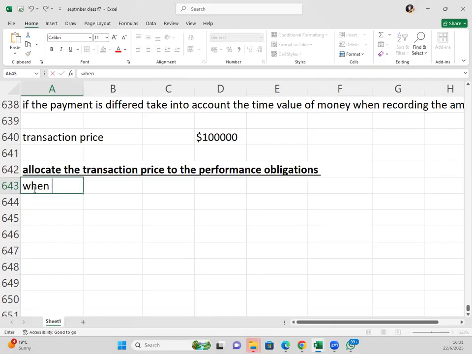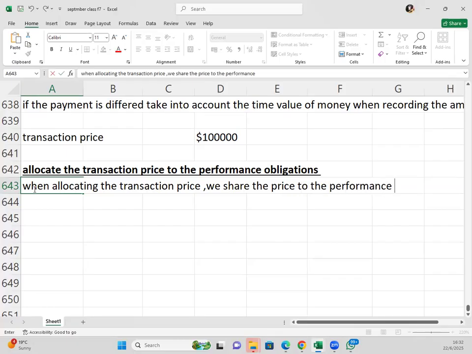So when allocating the transaction price, we share the price to the performance obligations based on the standalone selling prices.